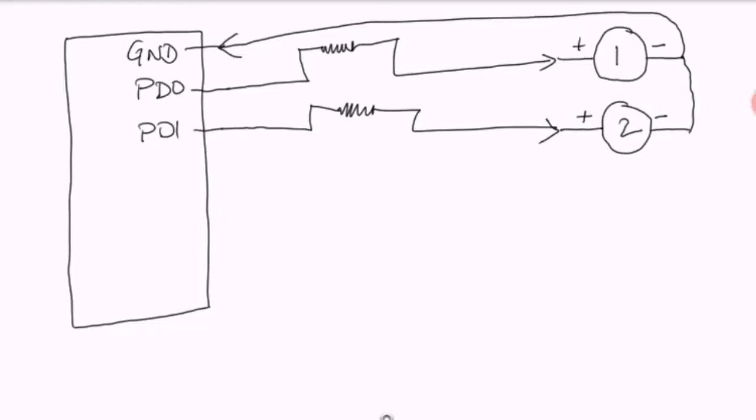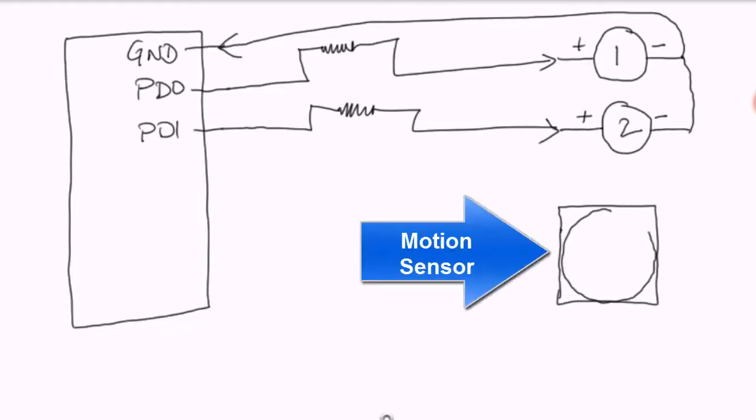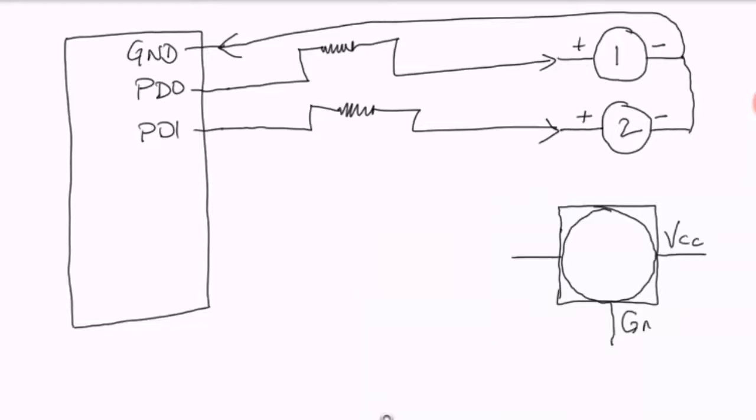Then let's say we have this motion sensor module. And it has 3 pins: VCC, ground and output. Then we have the PA1 pin on the discovery board, and we have a 5 volt pin and one more ground pin on the discovery board.